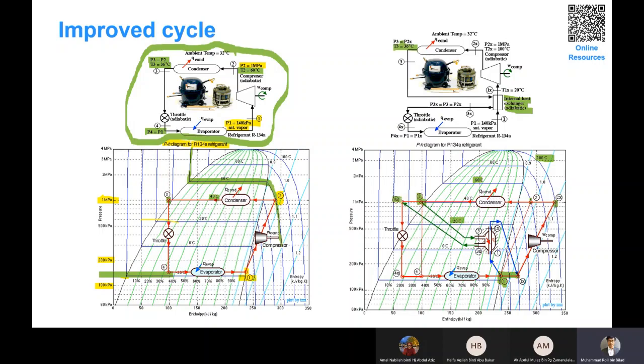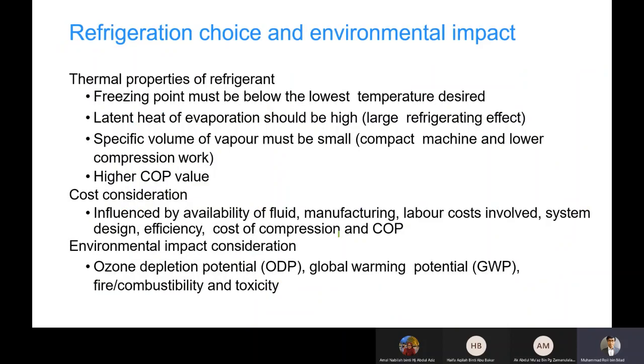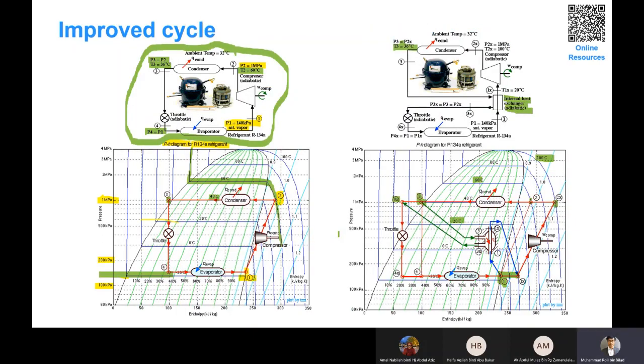And then you go with the throttle. So the important skill in this concept is to be able to translate the given cycle to the pH diagram. Complicated problems can easily be solved if you know how to represent it using the pressure enthalpy diagram.